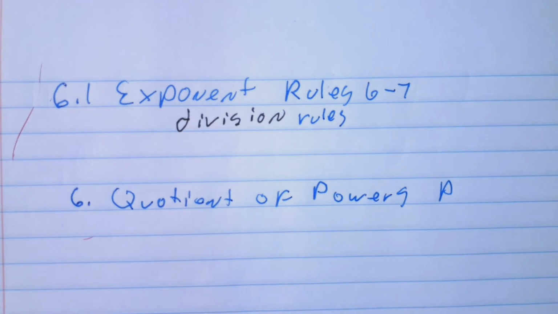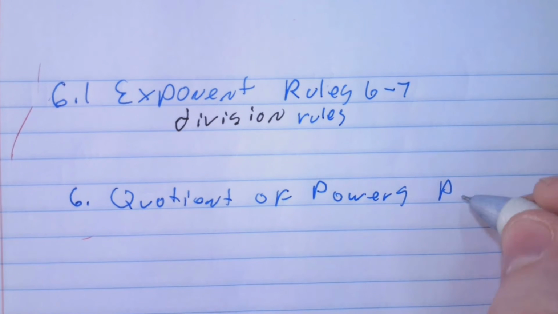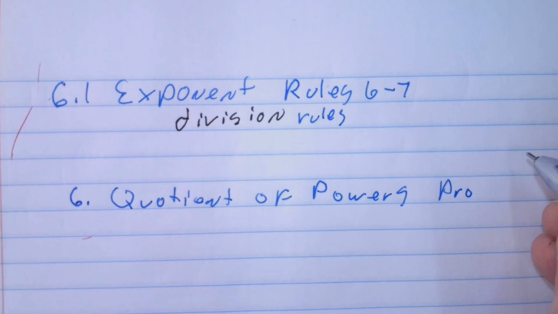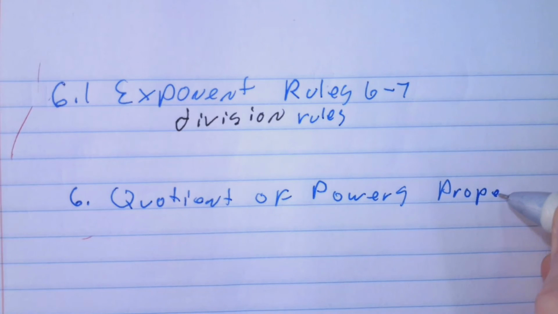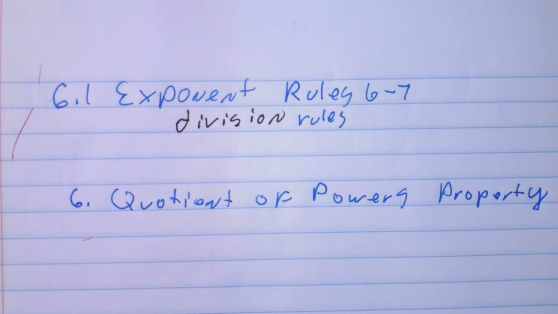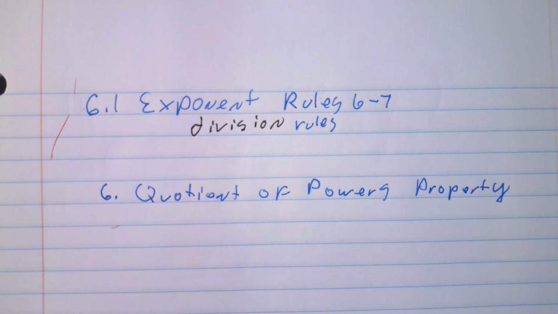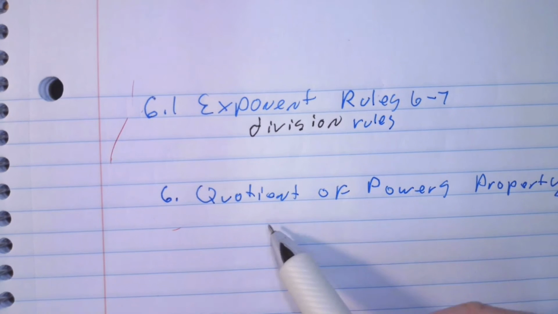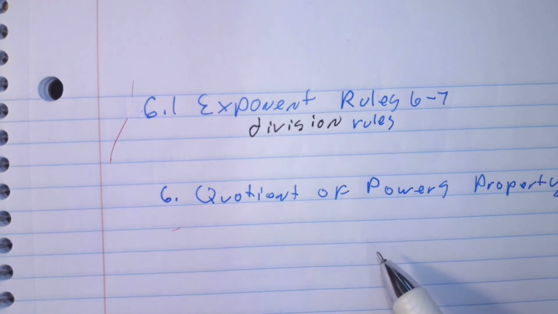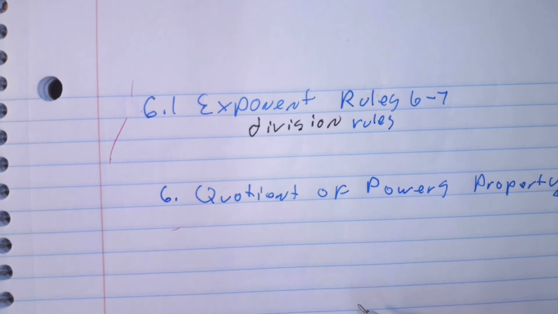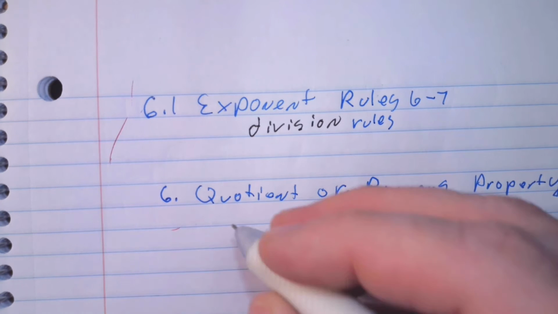So put it right here. So this is a quotient of power property. Quotient means divide. And this is basically what this one states.